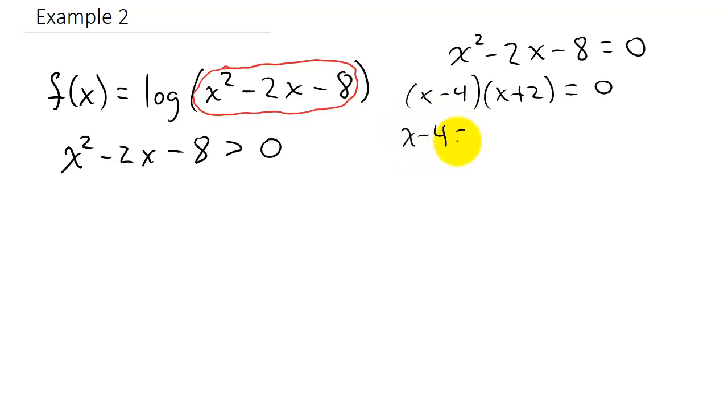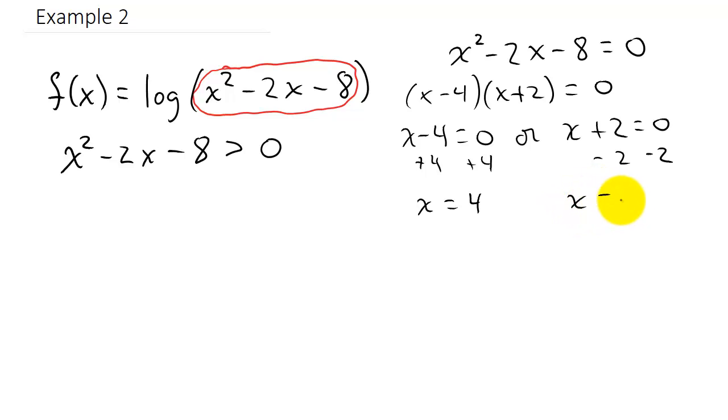So x minus 4 equals 0, or x plus 2 equals 0. We add the 4, which gives us x equals 4, and here we subtract 2, so we get x equals negative 2.